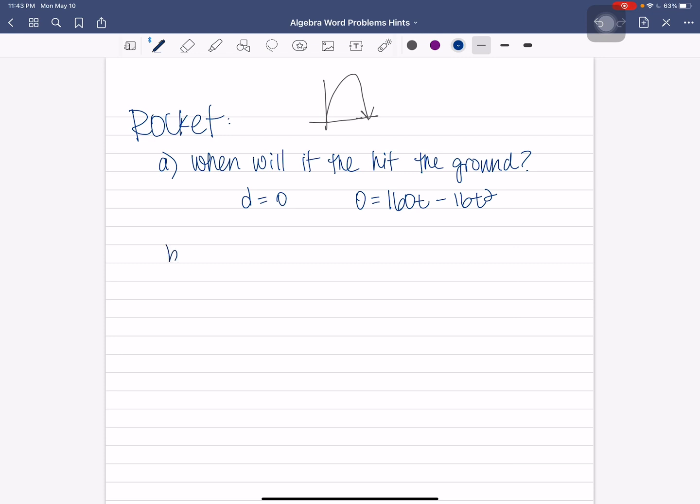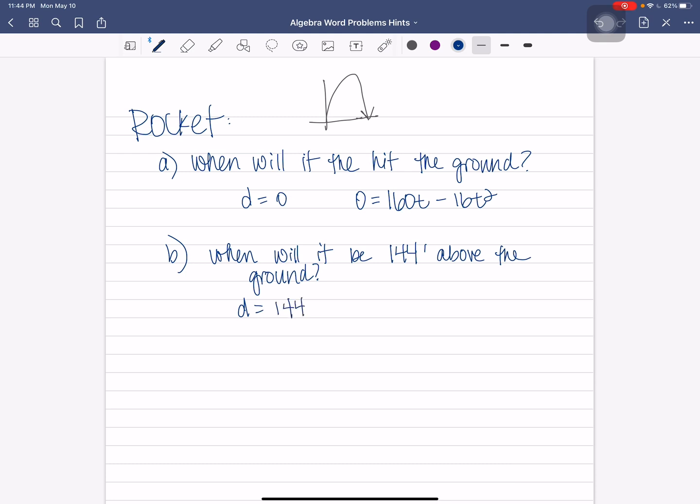For part B, it's asking when it will be 144 feet above the ground. Now, it doesn't say anything about 144 being the maximum height. So that is when your distance D equals 144.